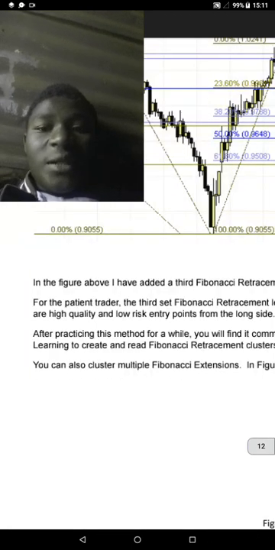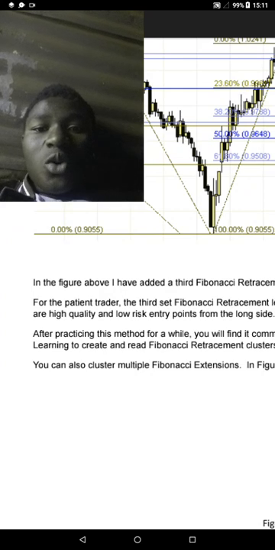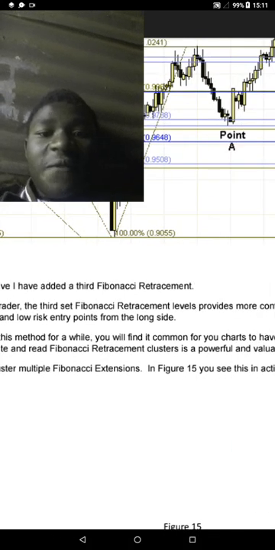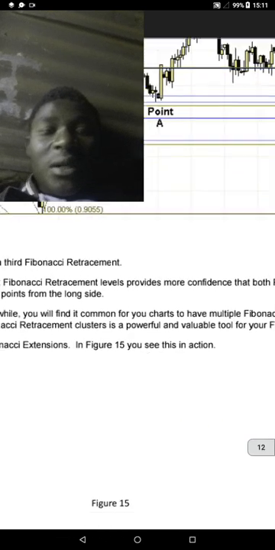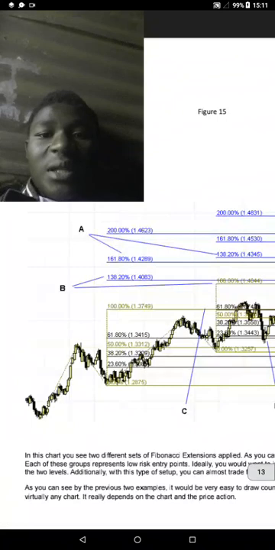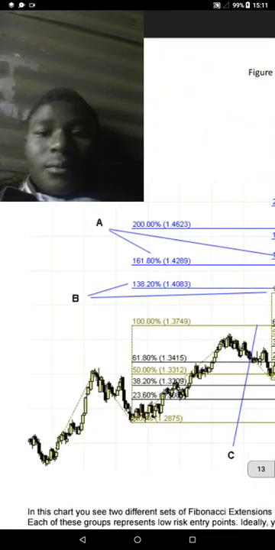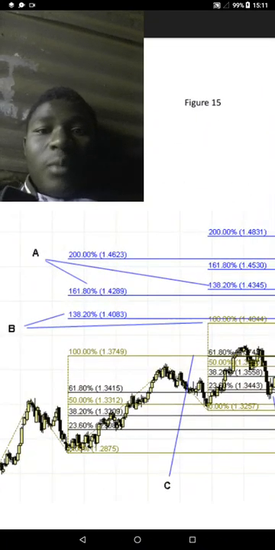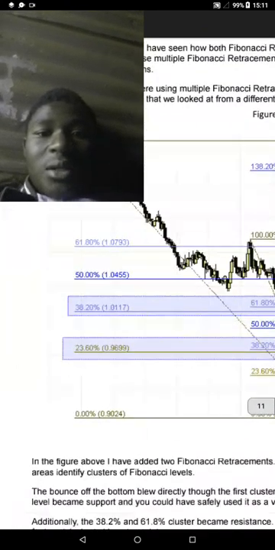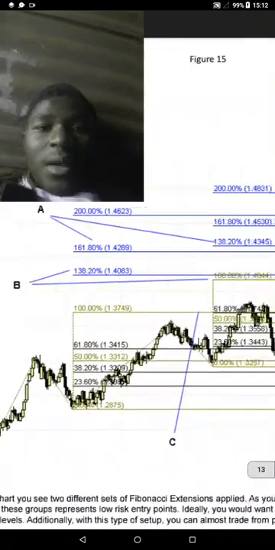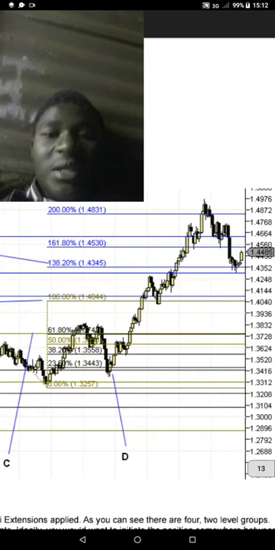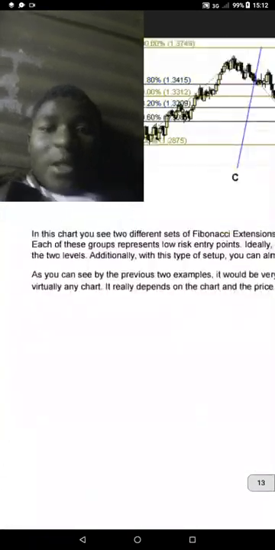In your Fibonacci toolset, you can also cluster multiple Fibonacci extensions, as in figure 15. You will see this in action. Figure A, figure B. Then we added figure C, and C and D, guys. Let's proceed.